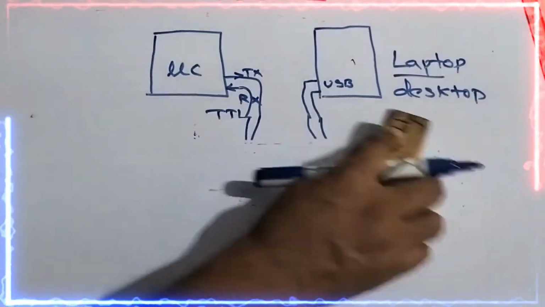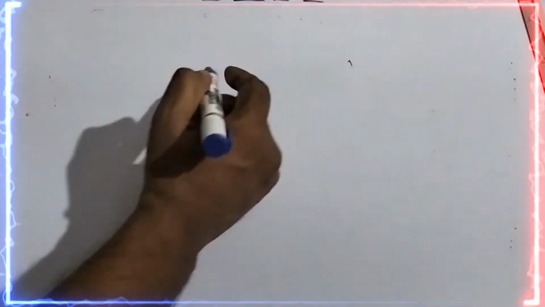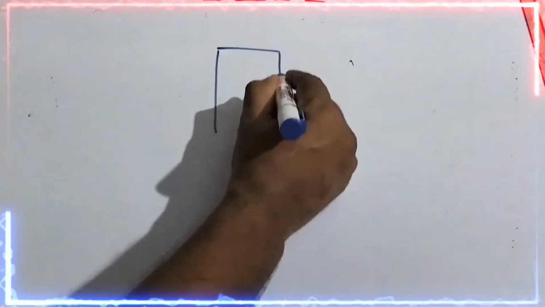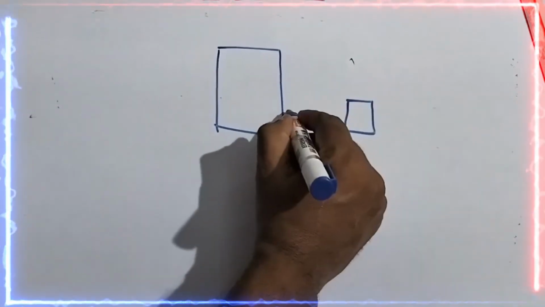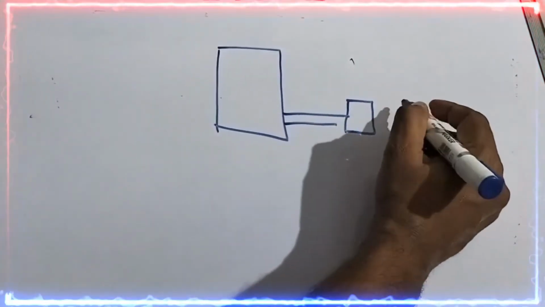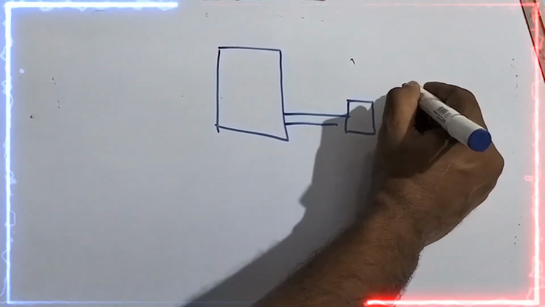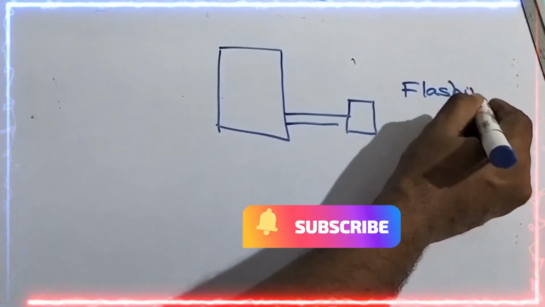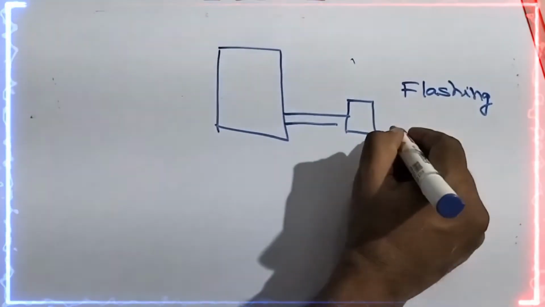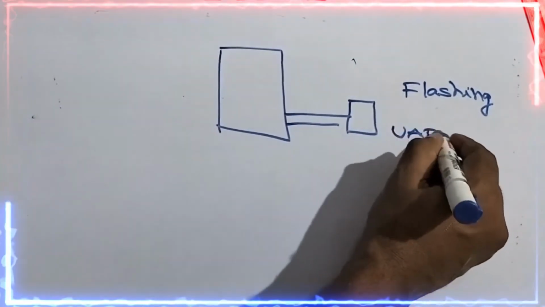But in our case, the Arduino board itself has a USB port, friends. So this will be working in two modes, friends. One is flashing or dumping the code through the port, and the same port works as a UART, friends.